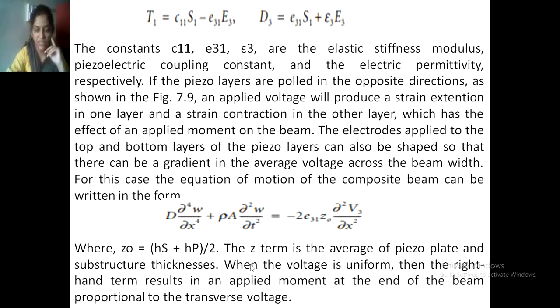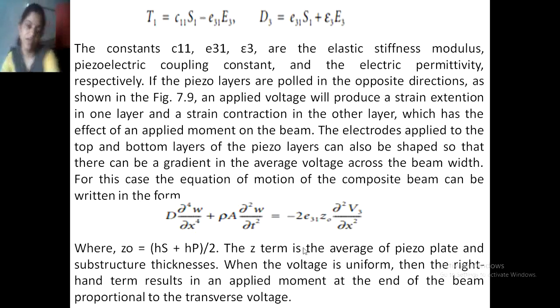So the z term is the average of the piezo plate and substructure thickness. When the voltage is uniform, then the right-hand side results in an applied moment at the end of the beam proportional to the transverse voltage.